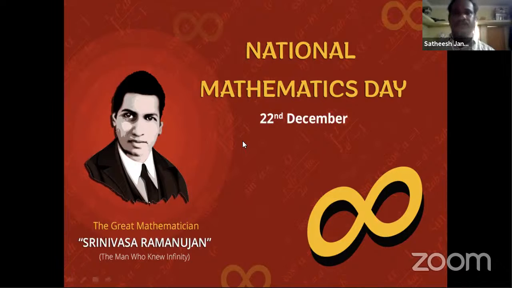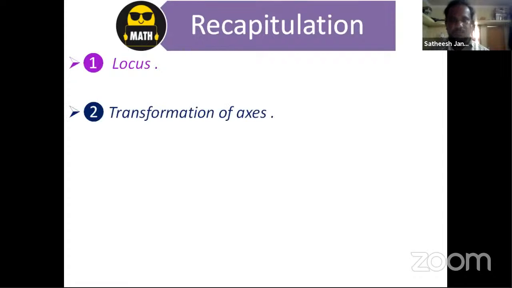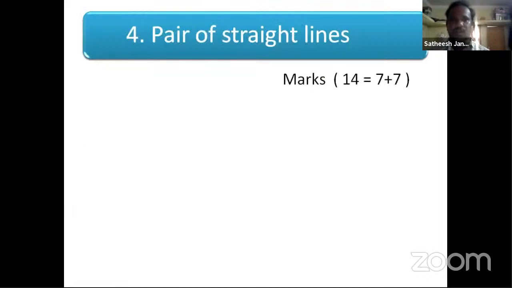Now, coming to the topic. Already we have completed 3 chapters in Mathematics paper B: locus, transformation of axes, and also straight lines. Today we start our 4th chapter, pair of straight lines.